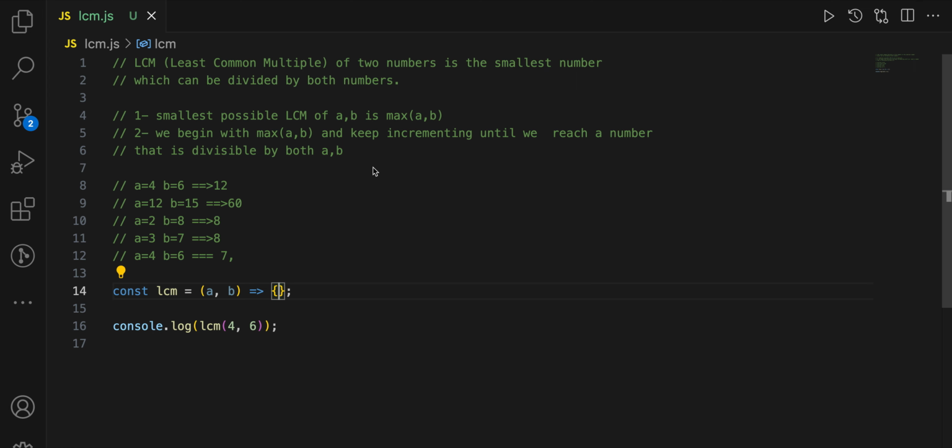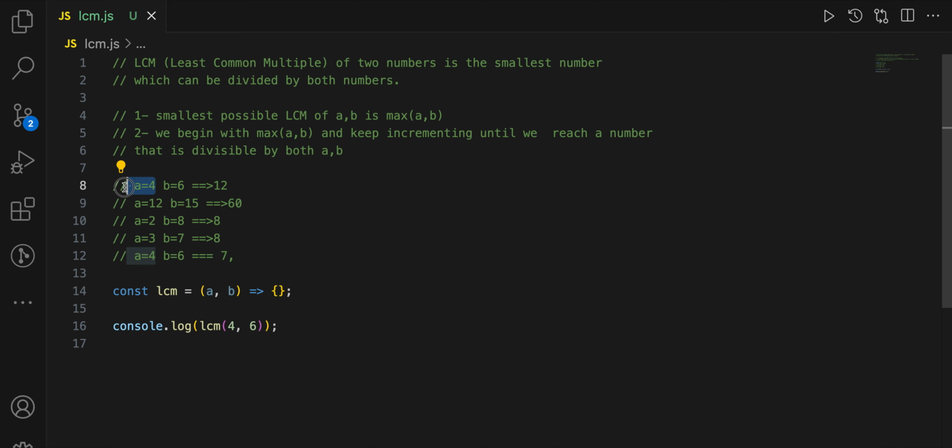In the previous video I explained that in HCF we are decreasing from the minimum number of A and B. But here we find the maximum number and keep increasing it, and we check whether the remainder is 0 for both numbers.